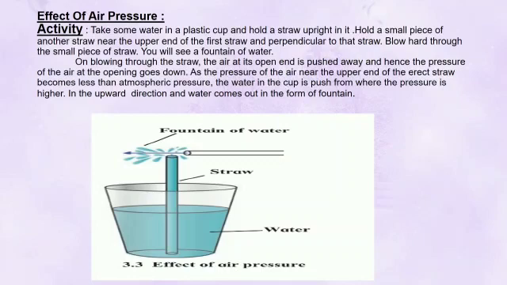As the pressure of the air near the upper end of the erect straw becomes less than the atmospheric pressure, the water in the cup is pushed from where the pressure is higher to where it is lower, that is in the upward direction, and the water comes out in the form of a fountain. The more forcefully you blow, the higher will be the fountain. This straw fountain works on Bernoulli's principle.